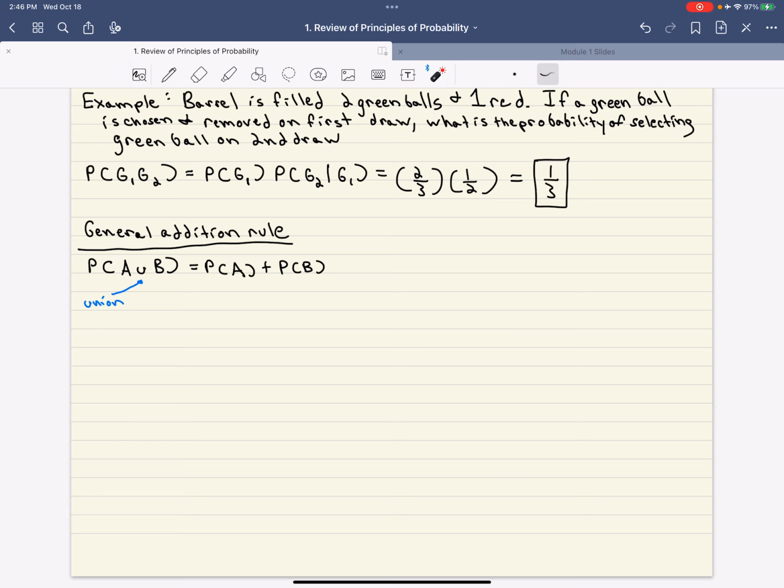And so there's the probability that only A occurs and B does not, or that B occurs and A does not. But there's also the probability that both A and B occur, right?